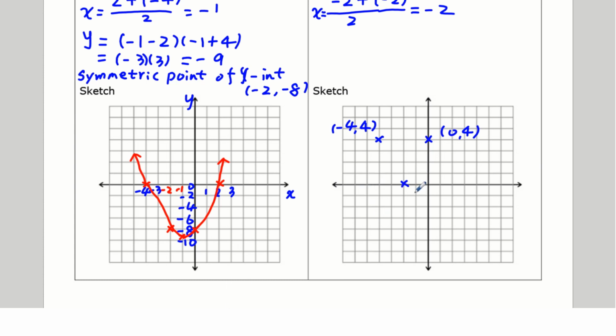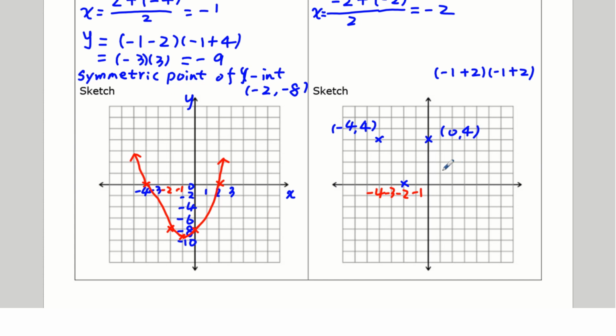We could sub in negative 1 and negative 3 to find the other 2 points. So we sub in x equals negative 1, we are going to have negative 1 plus 2 times negative 1 plus 2.